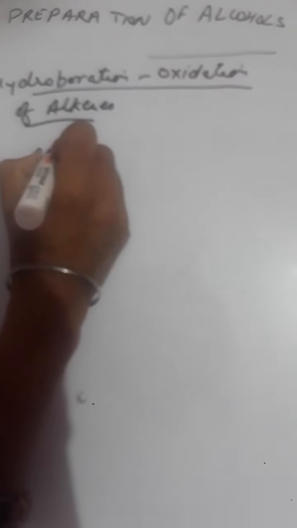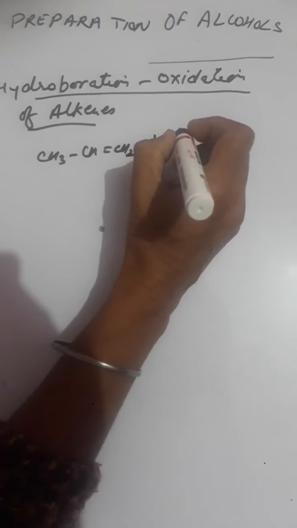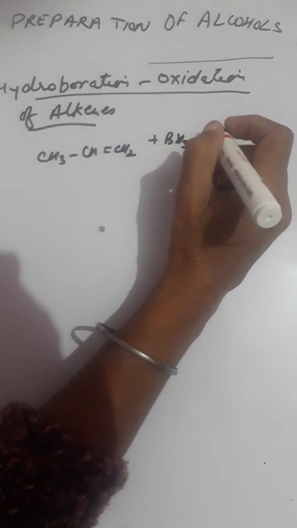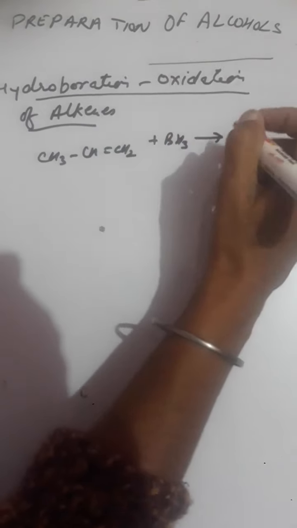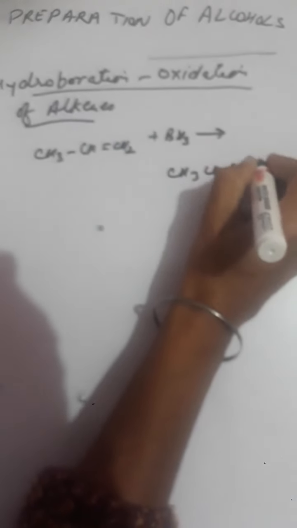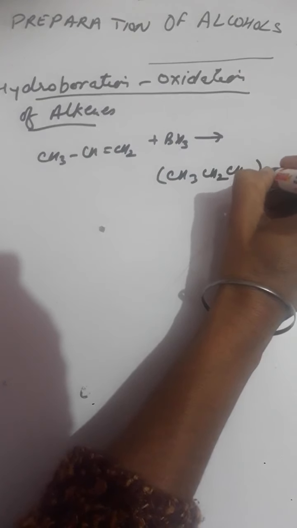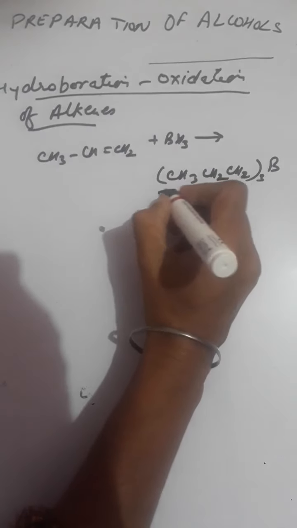This is propylene. This will react with diborane B2H6, and we can write it like this, BH3, which is borane. This is going to form CH3CH2CH2 whole thrice B. This will be tripropyl borane.